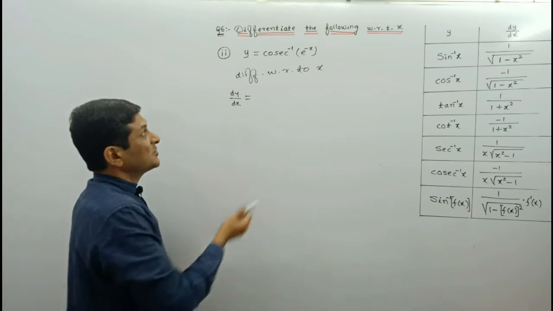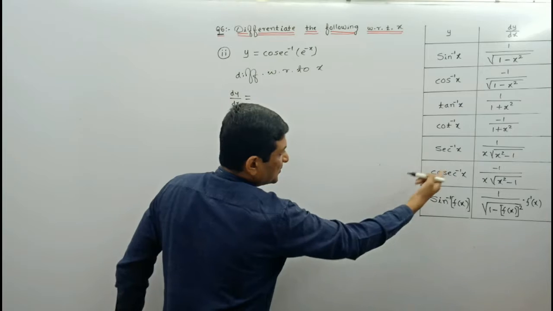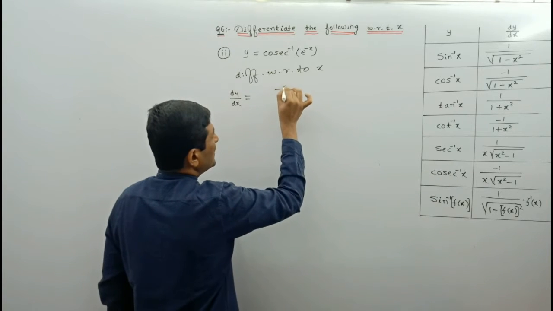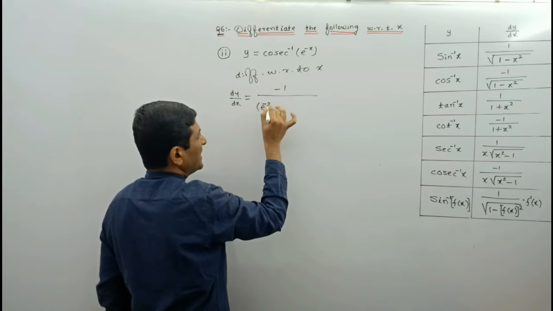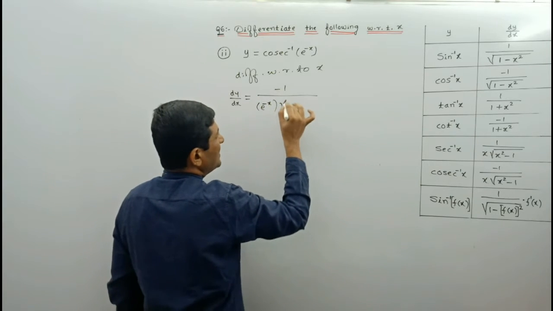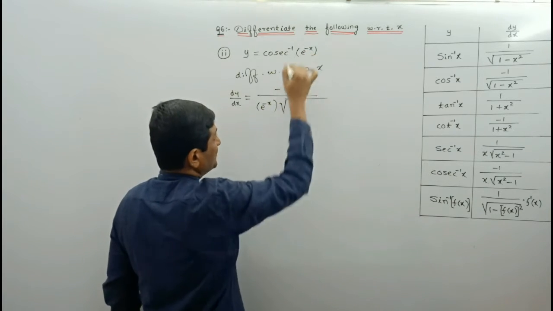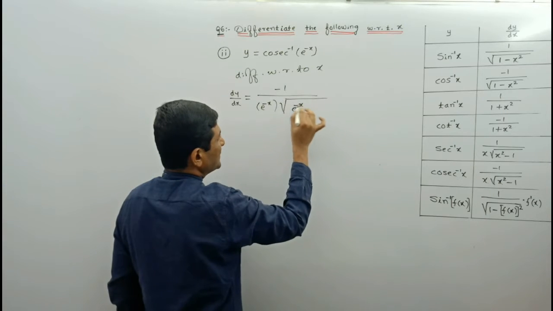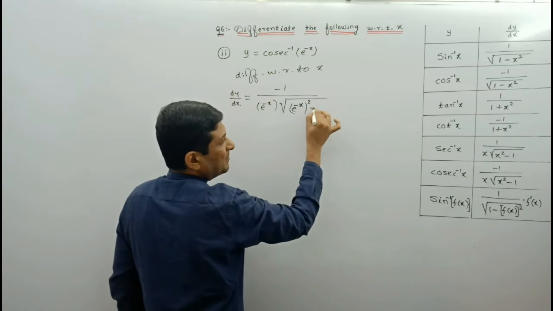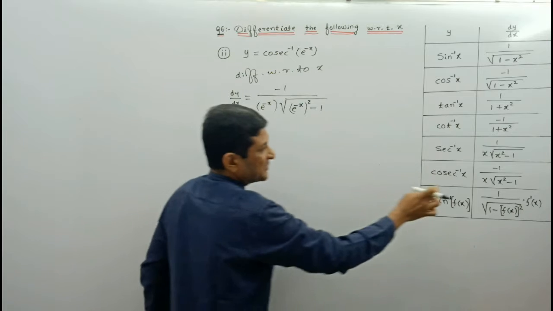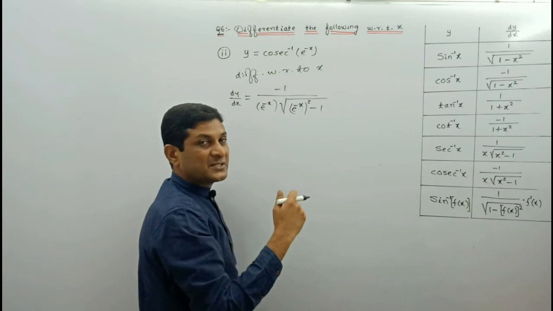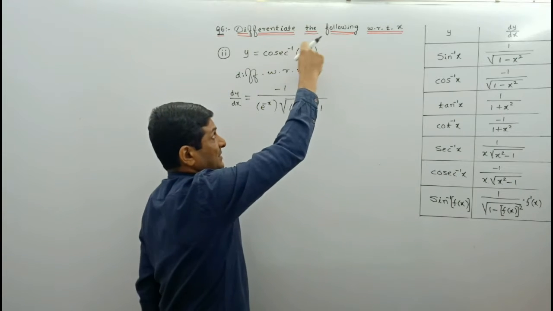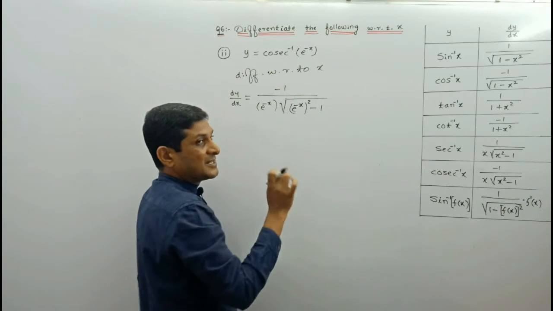So what we will get here, according to this formula, its derivative is minus 1 upon x, but x means e raised to power minus x, into under root x square, where x means e raised to power minus x whole bracket square minus 1. Just instead of x we have replaced x by e raised to power minus x, meaning this term can be considered as f of x.